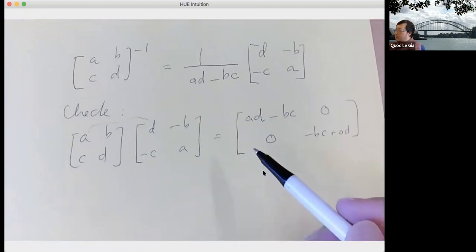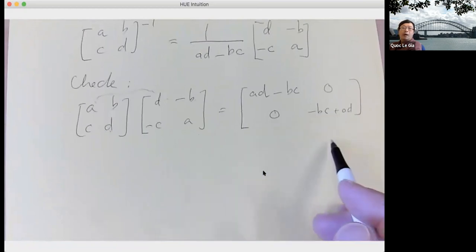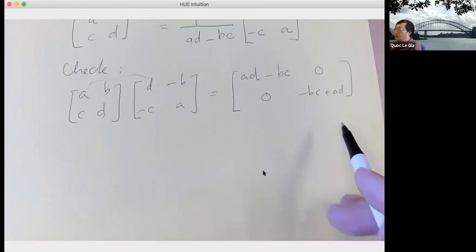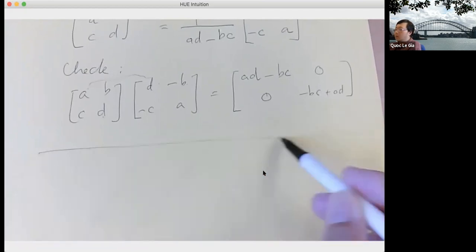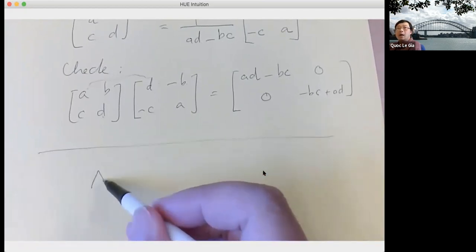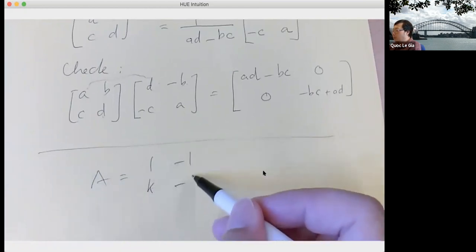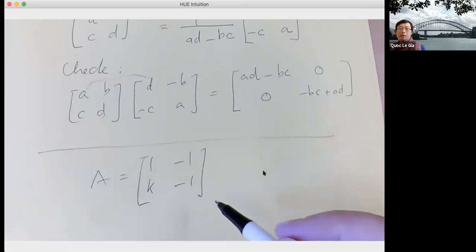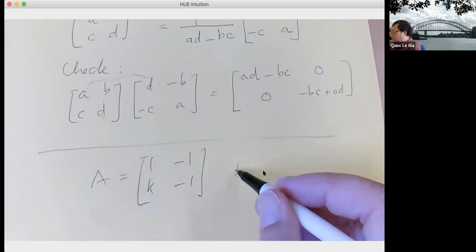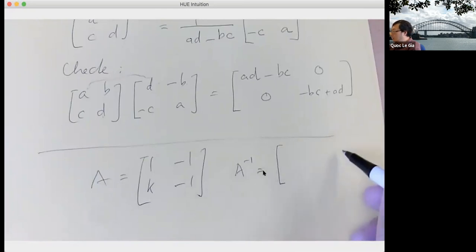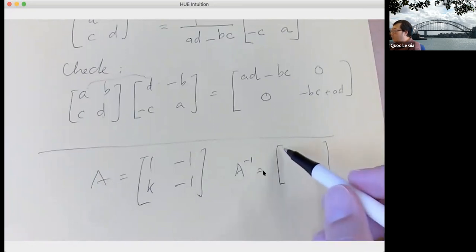So now I want to use this formula to compute the inverse of my matrix. So remember the matrix A is 1, k; minus 1, minus 1. Then A inverse is just, so remember we have to swap the diagonal.